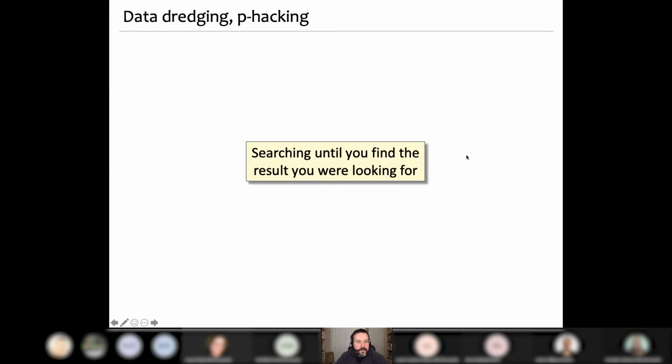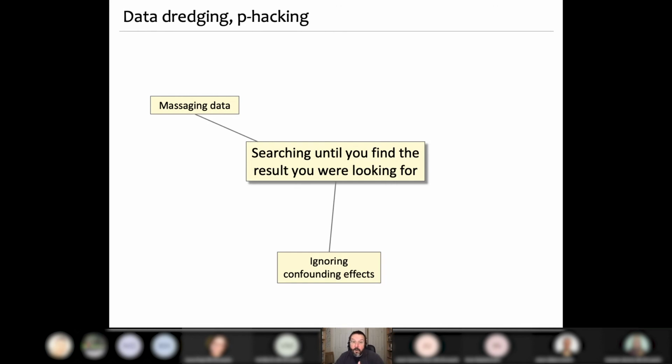You see, when you search until you find the result you are looking for, this leads to what is called data dredging or p-hacking. For example, you did your experiment and you found no result, so you might massage your data a little bit, maybe remove some bad replicas to see if your result improves. Or you can just ignore confounding effects.